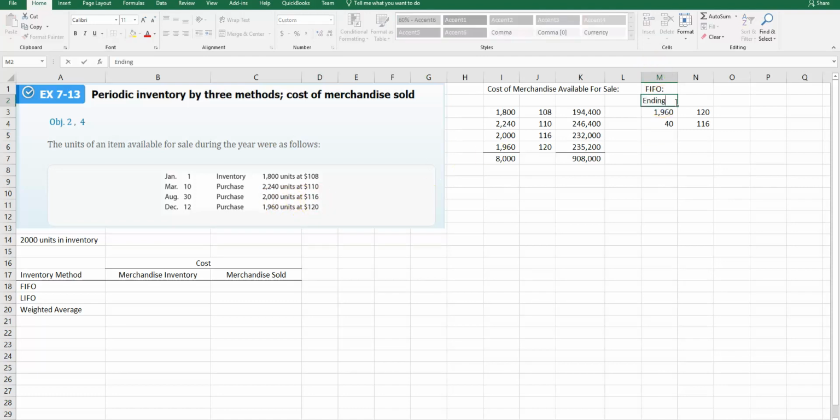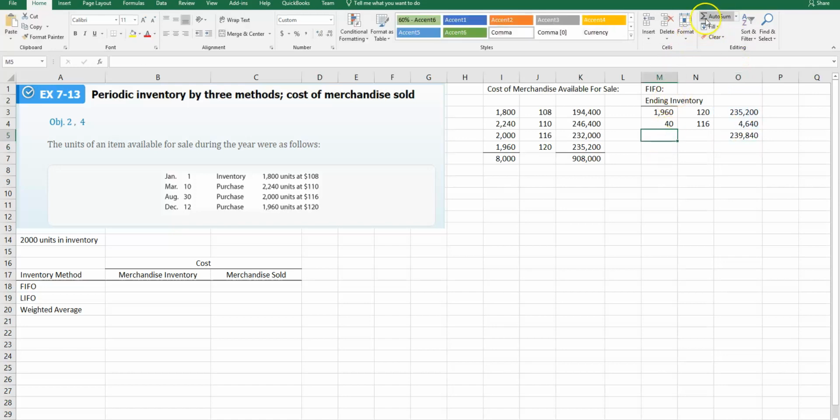So let me label this ending inventory so we know what we're doing here. Let's go ahead and do some multiplication here. This is going to equal 1,960 times 120. Make our column wider and do that for both of them. We're going to add up those amounts.